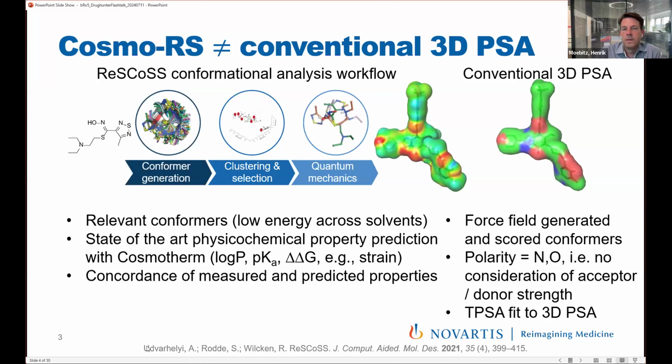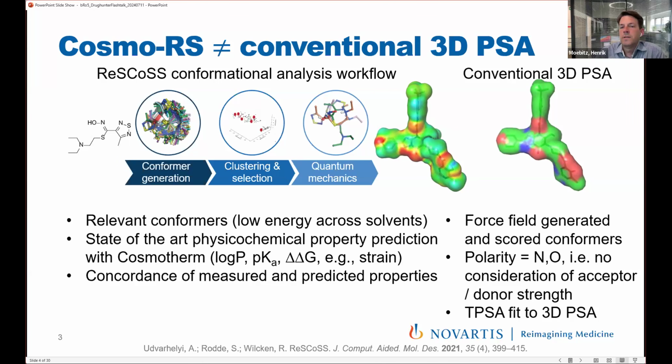And this combines a number of standard conformer generation tools with a clever clustering and selection algorithm that also uses scoring in different solvent environments, and then leads to a set of relevant conformations that are optimized by QM methods, the most expensive that we can afford, so on a DFT level.